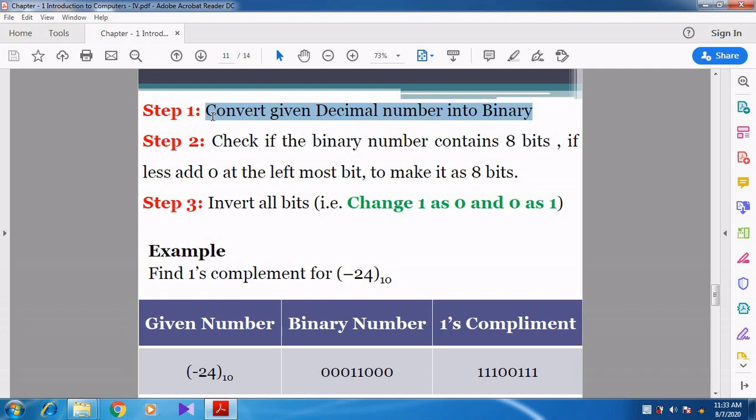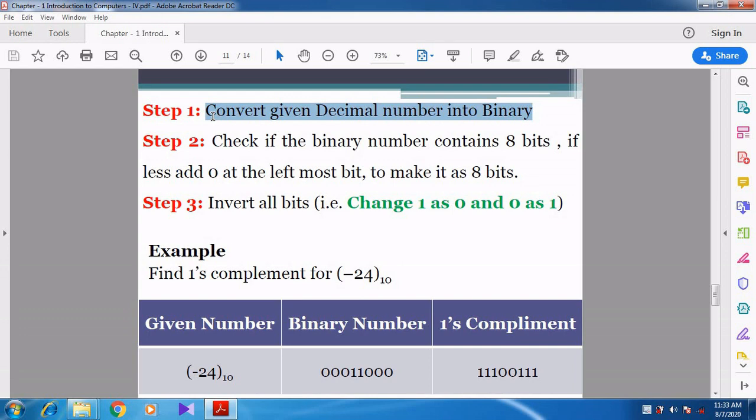Whatever number is given to you, you just convert it into binary. For example, if the number is 24, what do you want to do? Simply go for the division method: 24 divided by 2.